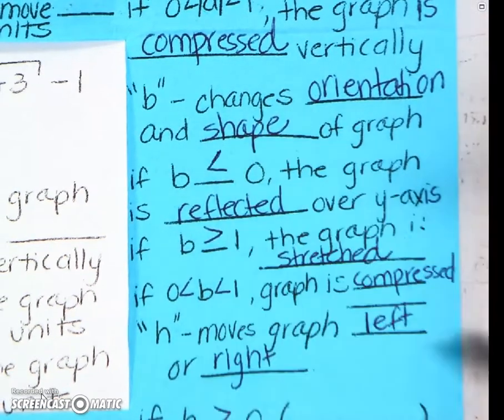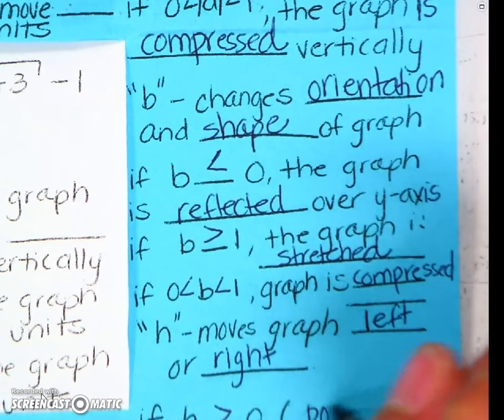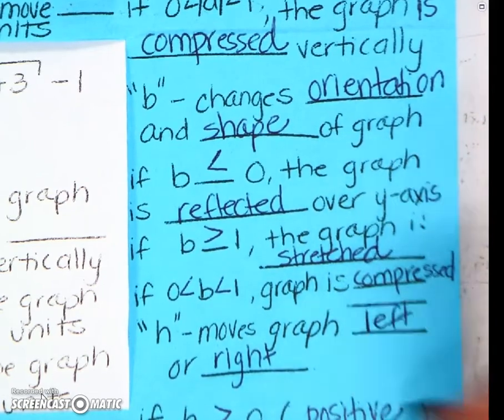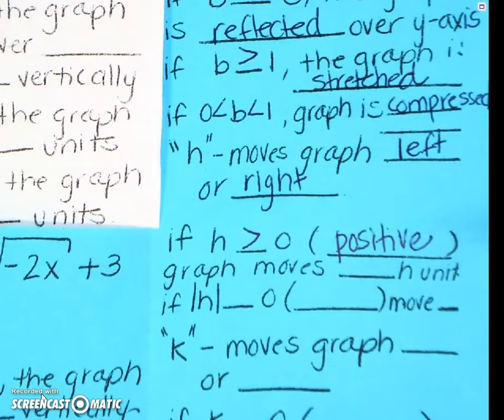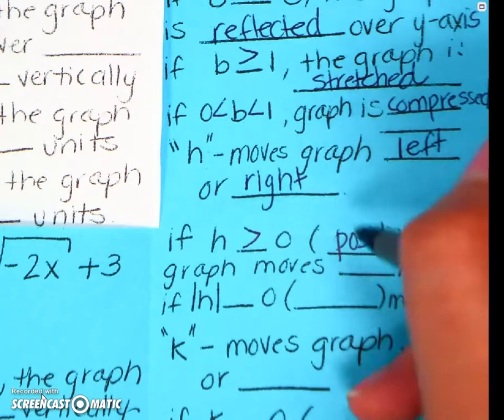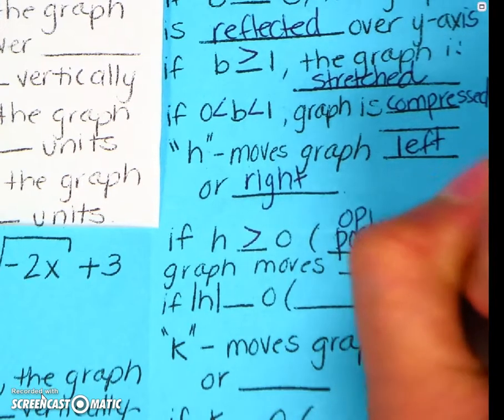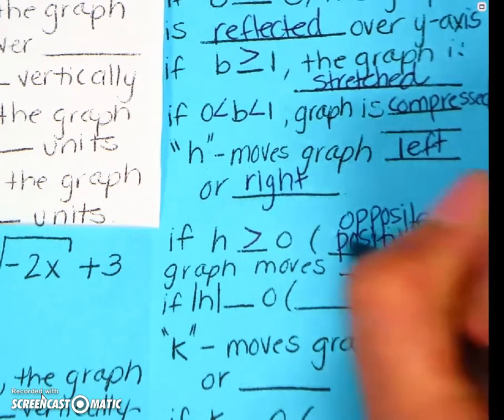So if h is greater than 0, in other words positive, what direction do you think the graph moves? Maybe I should say opposite instead of positive.